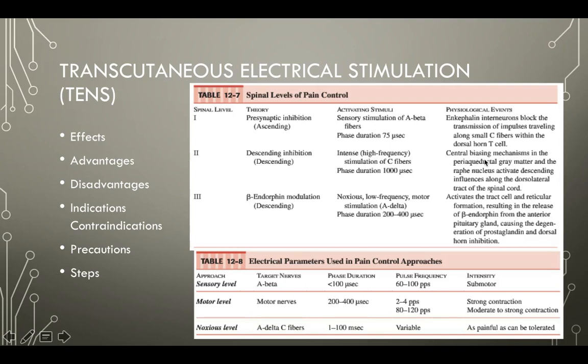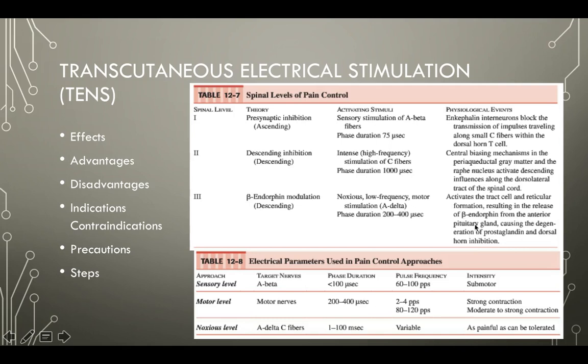And then we had our level 3, which was our endogenous opiate release, or our beta endorphin modulation. And that's where we're targeting the low frequency motor stimulation, mainly A deltas. The A alphas, our motor stimulation, also kind of come along for the ride here. And we target for that beta endorphin release that then goes through the bloodstream.